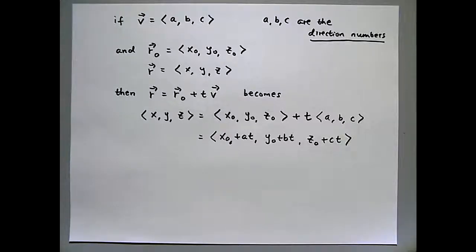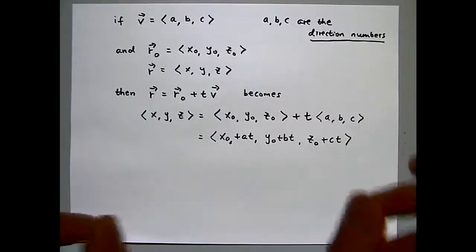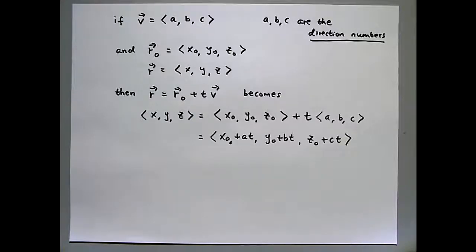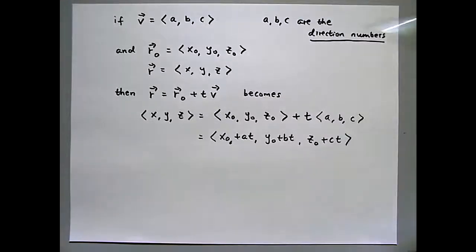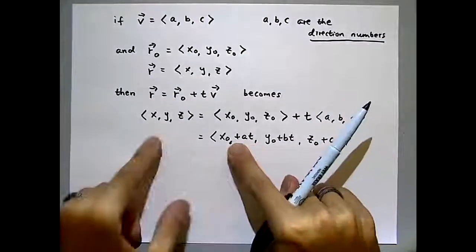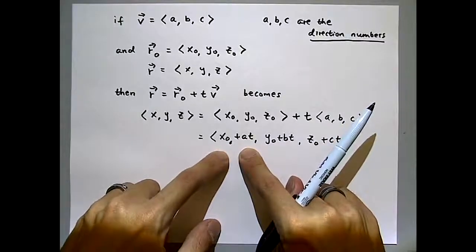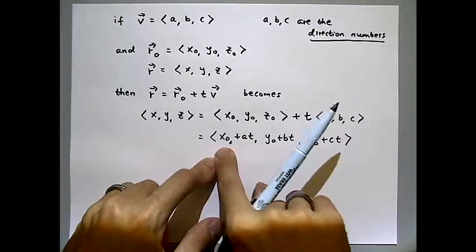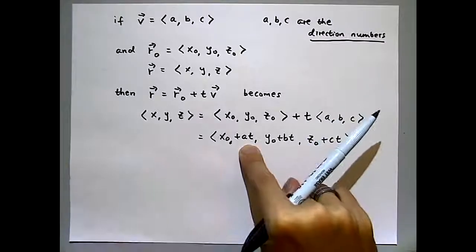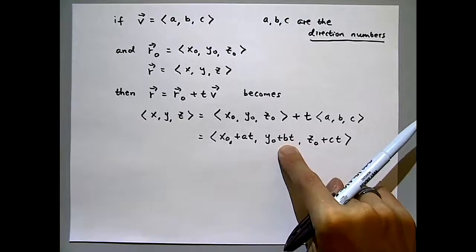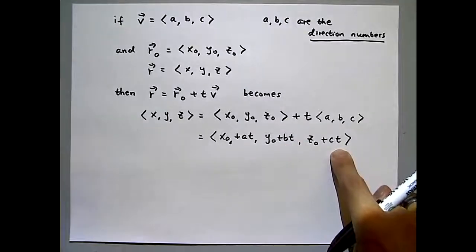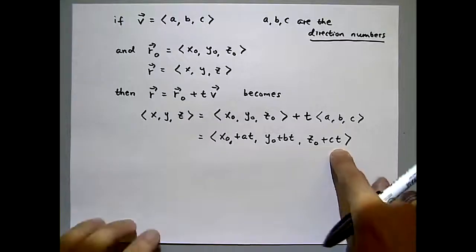So in essence here, what we did is we took a vector, broke it down into x, y, z, and just look at them as simple linear equations on their own. So x is determined by this, and this is your standard equation of a line, right? A point, slope. A is kind of the slope in the x direction. B is the slope in the y direction. C is the slope in the z direction.